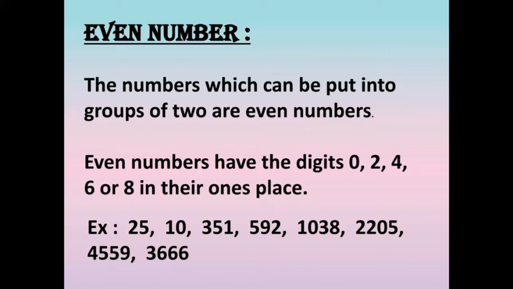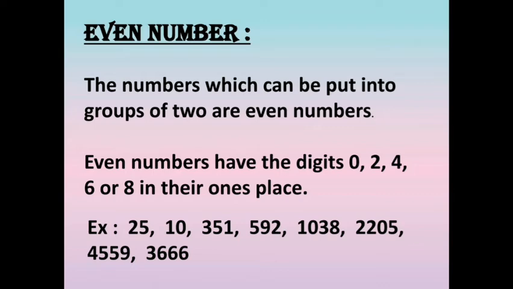Now see the next one, 10. 10 is an even number because it is having 0 in ones place. And what is 351? 351 is not an even number. 592 is an even number because it is having 2 in ones place. And 1038 is also an even number because it is having 8 in ones place.